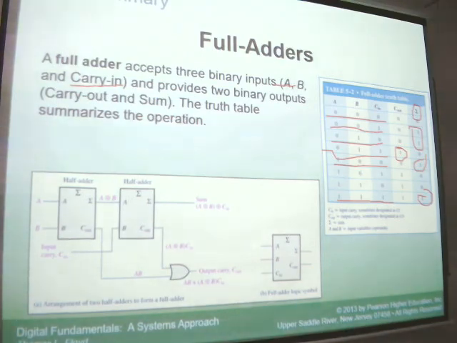It just writes down all four product terms: A B C bar plus A B C plus A bar B C plus A B bar C.